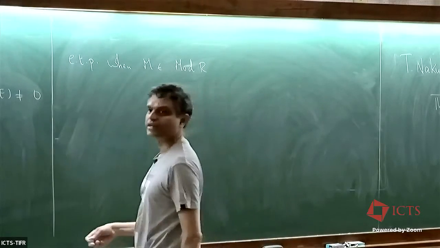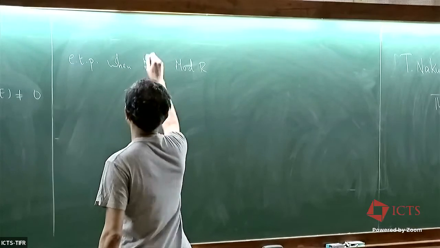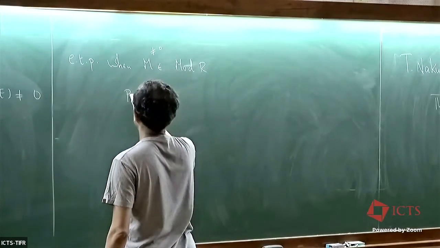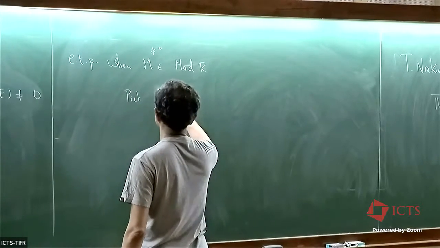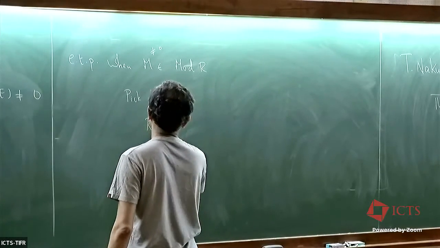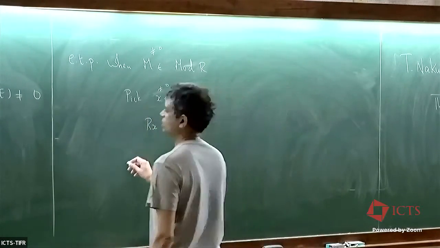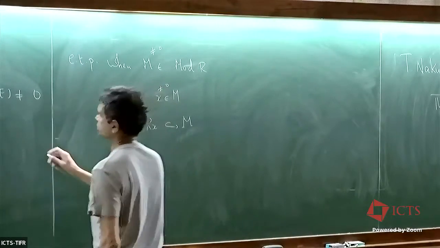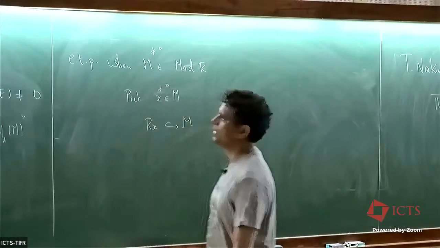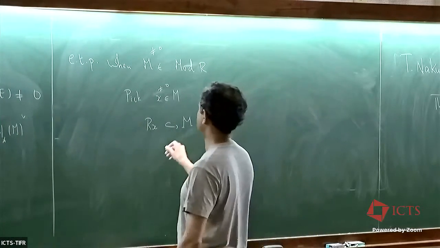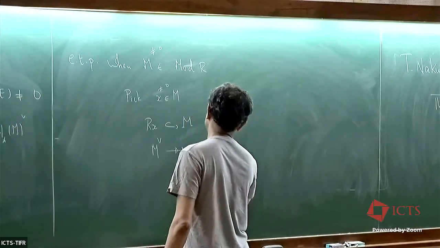Now I reduce it even to the finitely generated case. So pick a finitely generated submodule. For example, you can even pick a cyclic module. So pick x in M non-zero and look at this as a submodule. Let me write check for this, it's Matlis duality after all. So it's just saying that Matlis duality is a faithful functor. So this gives you a map from here onto this.